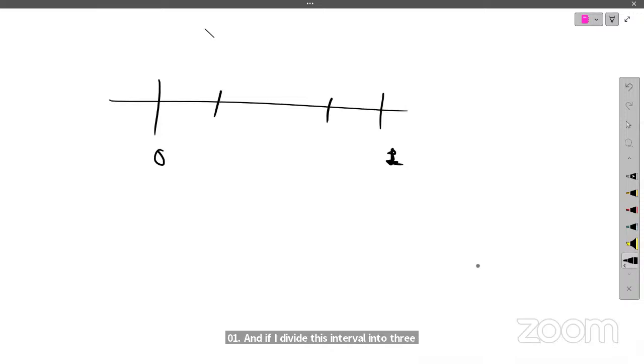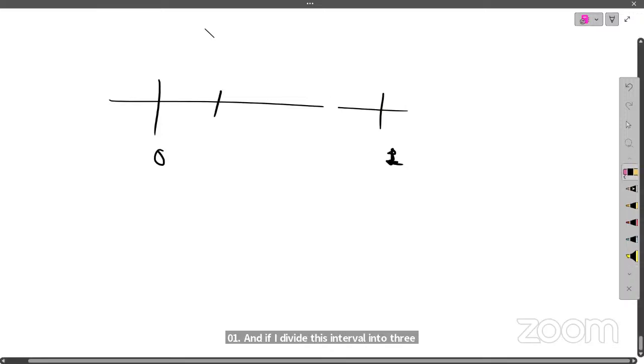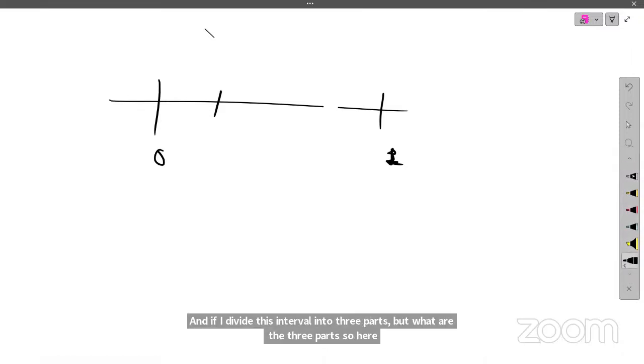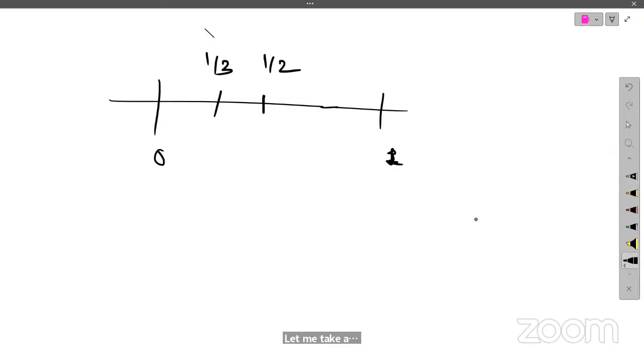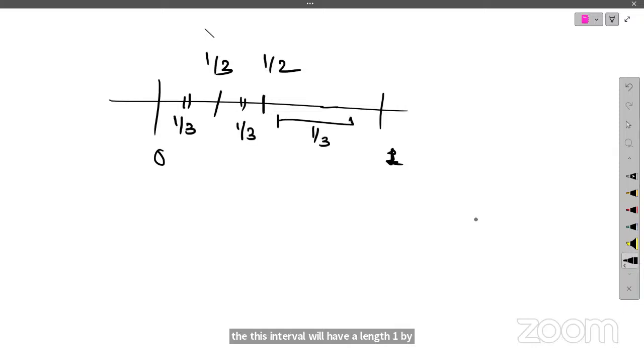Suppose 1 by 3 is there and 1 by 2 is there. Then this interval will have length 1 by 3, and this whole interval will have length 1 by 2. So the remaining interval is 1 by 2 minus 1 by 3, which is 1 by 6.